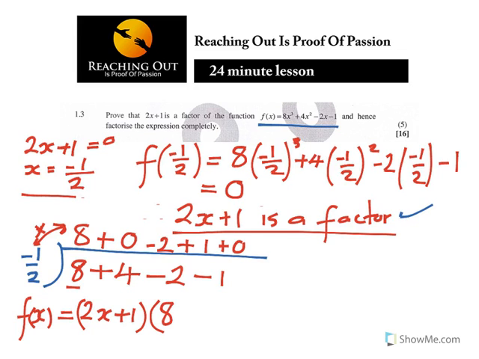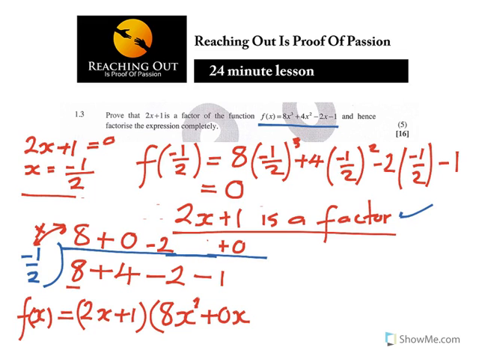Now instead of saying cubed, you say 8x squared. Now plus 0, it was supposed to be plus 0x in a way.